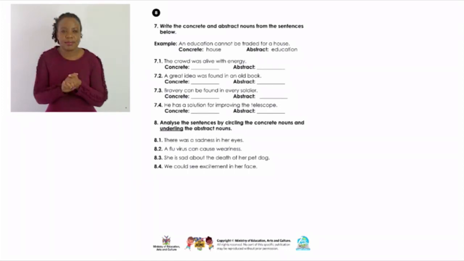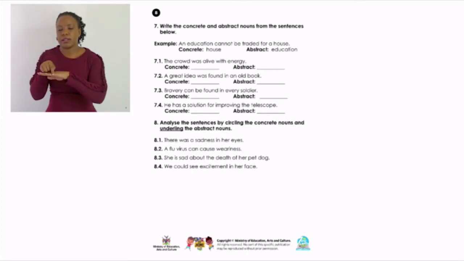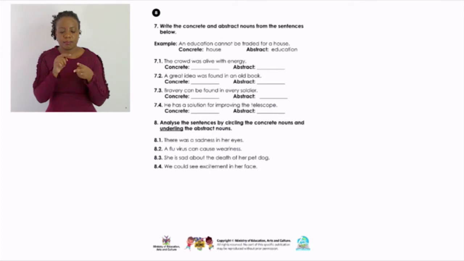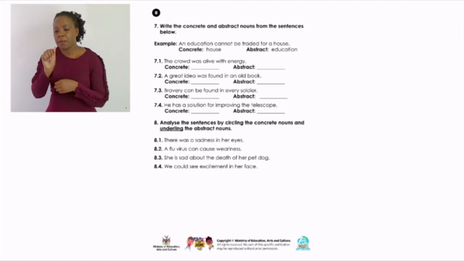Analyze the sentences by circling the concrete nouns and underlining the abstract nouns. There are two things that you should do to each of the following sentences. When you read the sentence, you see a concrete noun, you circle it, and when you see an abstract noun, you underline it.